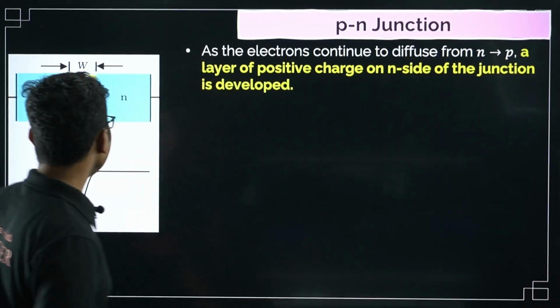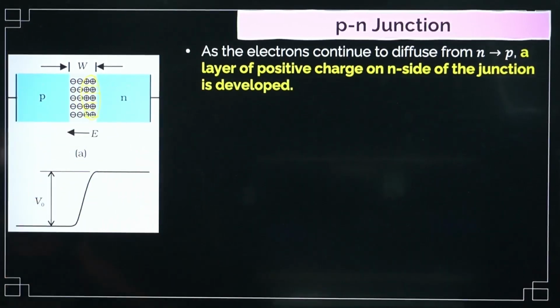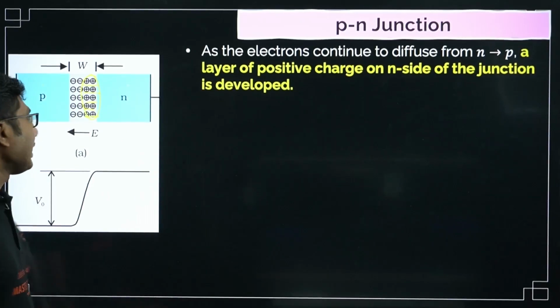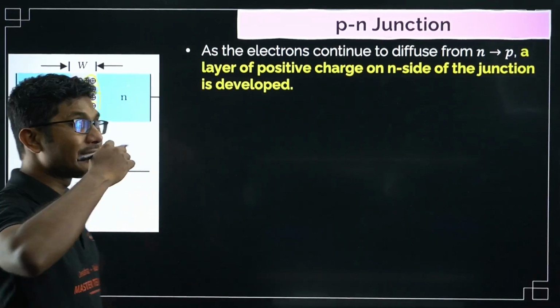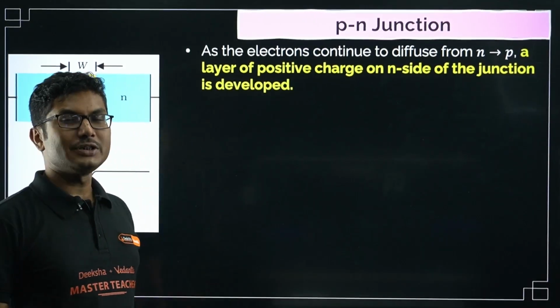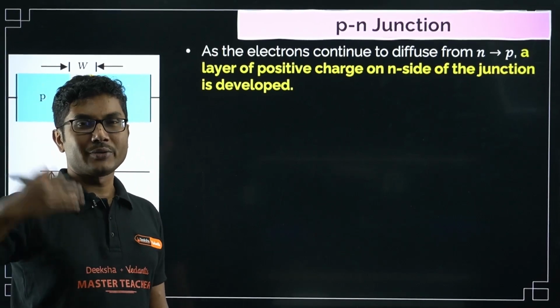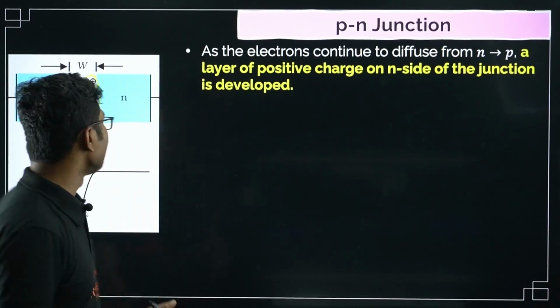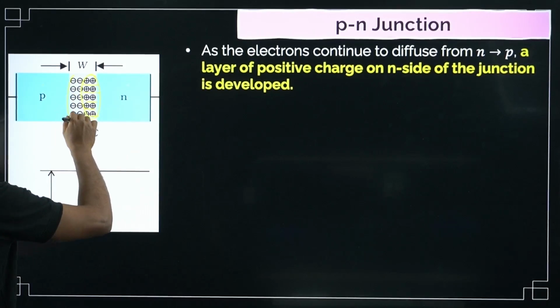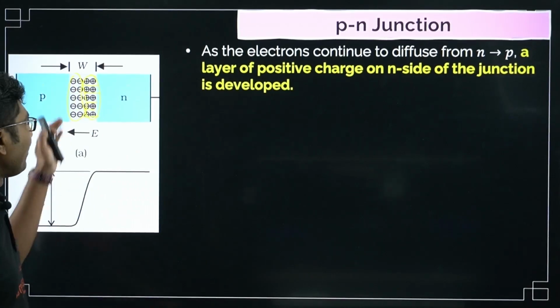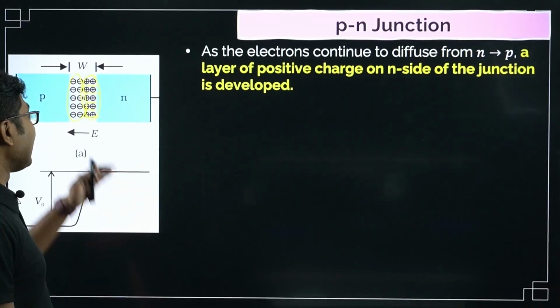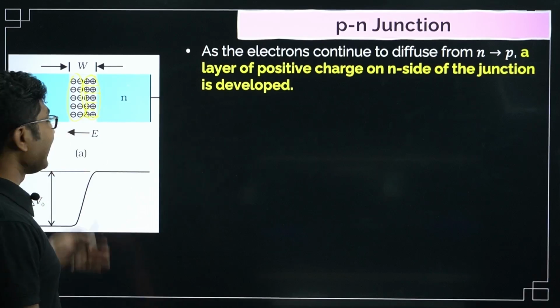Similarly, the P side, which accepts electrons and was initially neutral, now accepts more and more electrons, so it gets a negatively charged layer. The N type gets positive charge and the P type gets negative charge.